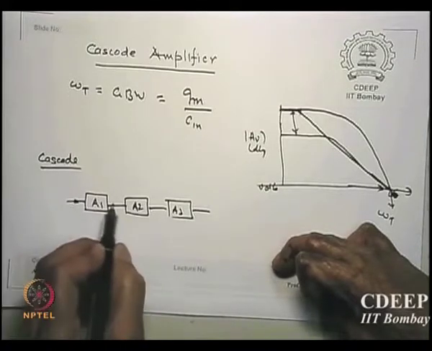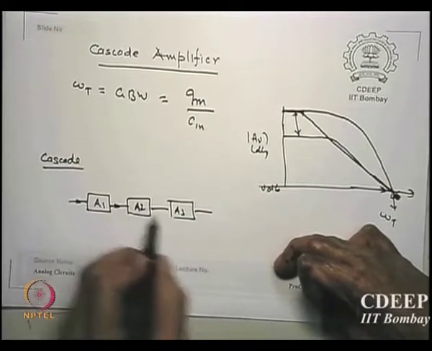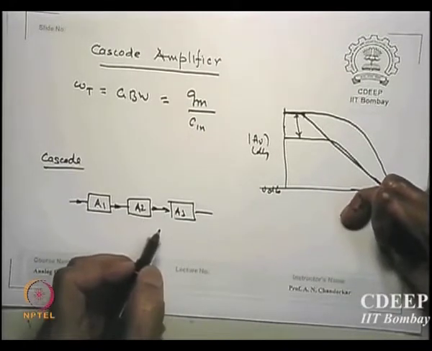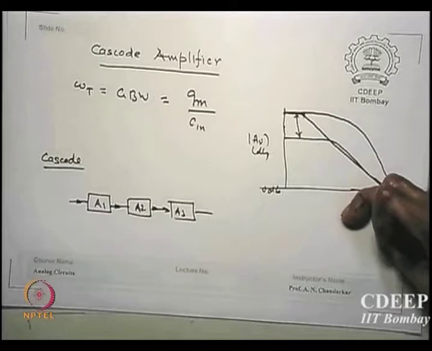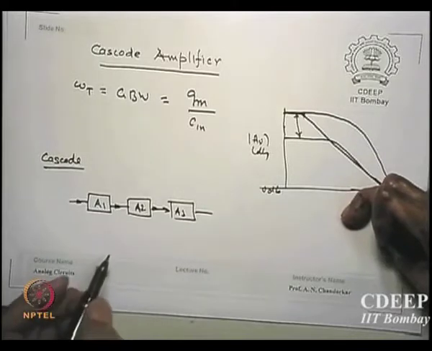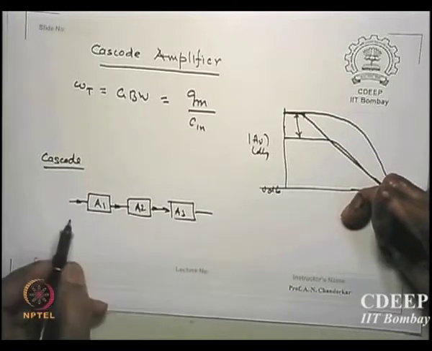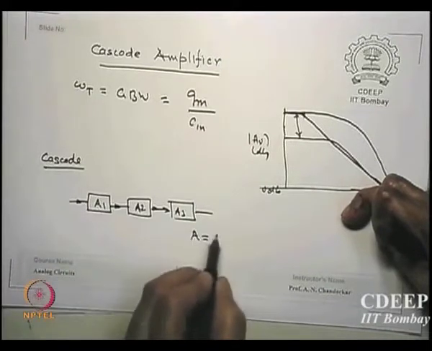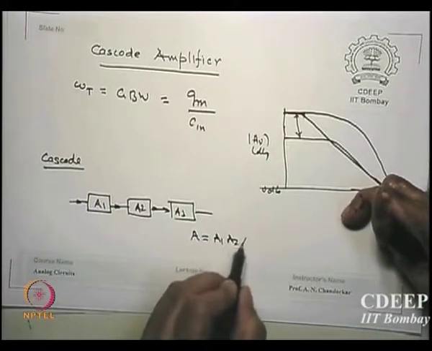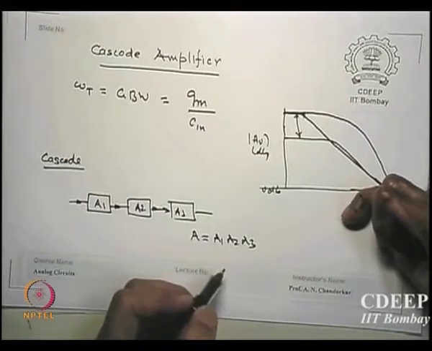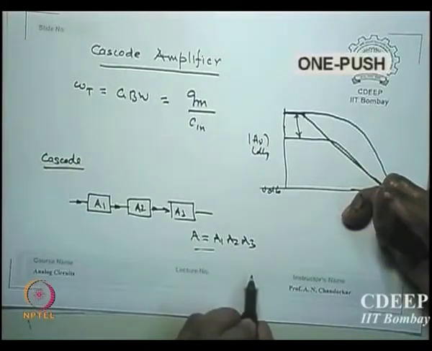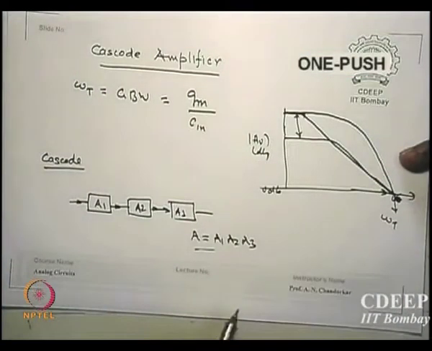The input of this, its output, the next one's input, the next one's output, the next input. This is called cascade. Like railway trains, one behind the other, cascading. Okay, what is the gain in such cases? A will be A1, A2, A3. Is that correct? In cascade, but then as you boost the gain, what will happen according to this? The bandwidth will reduce.